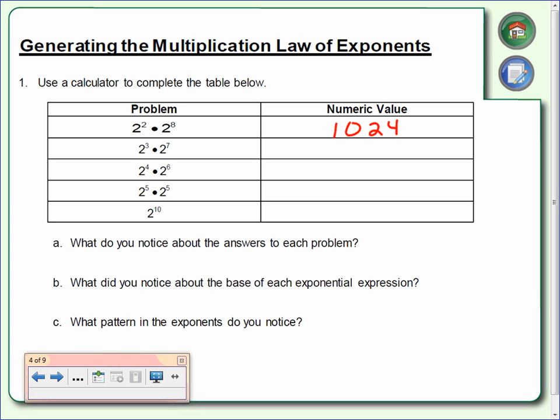Let's do the next. Let's do the same thing. Put it in your calculator. 2 to the 3rd power times 2 to the 7th power. Let's see what number we get this time. 1,024 again.